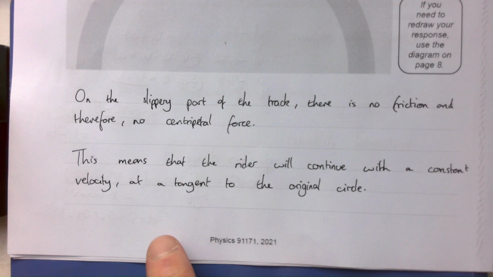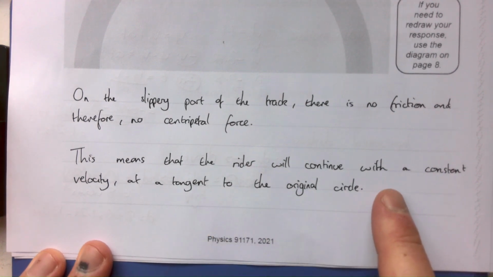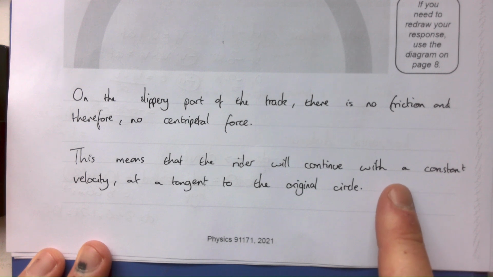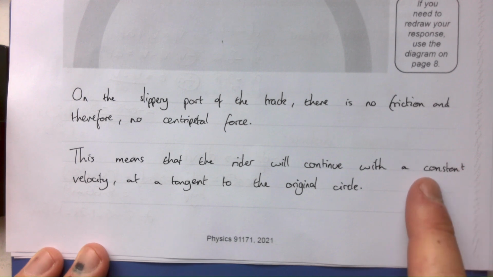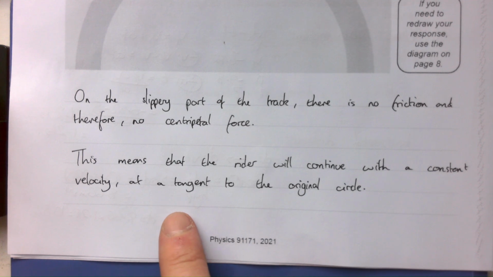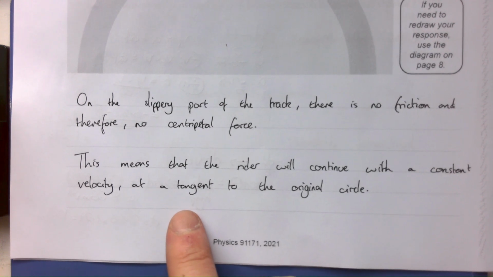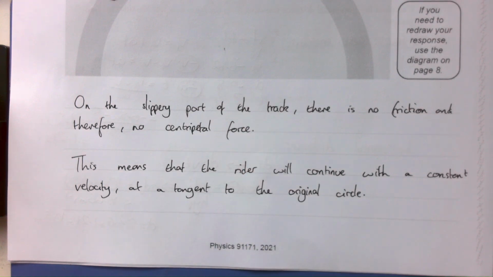The second thing you have to say, there are three things to choose from, sorry. You have to say at least two of them. That being, that he carries on at a constant velocity, at a tangent, and is going in a straight line. If you say any two of those things, along with this point up here, that's merit.